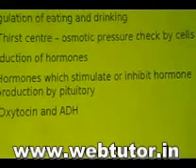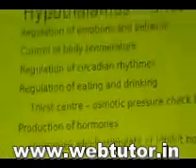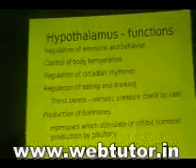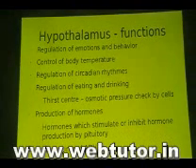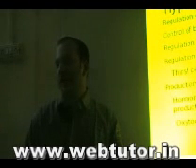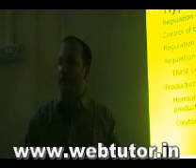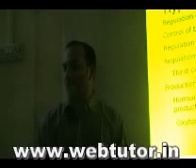Other functions of the hypothalamus. The urinary bladder: remember, we have done, it has two different sphincters. One is involuntary and one is voluntary. The voluntary one is the one which you can control. The involuntary one is under the control of your ANS. And remember, the voluntary one you also develop with age to control it.